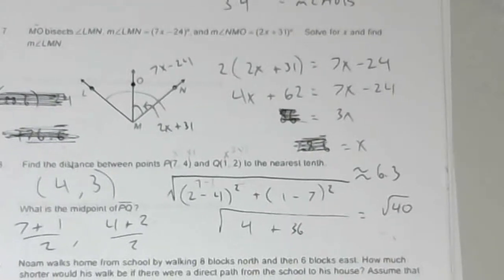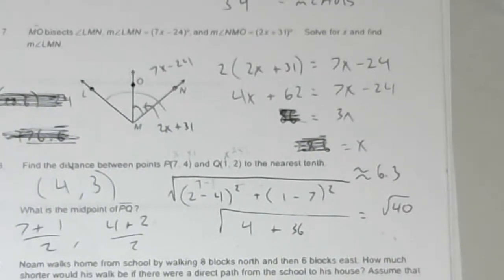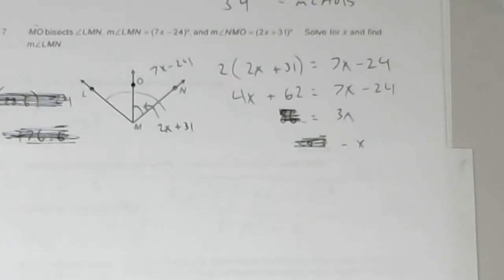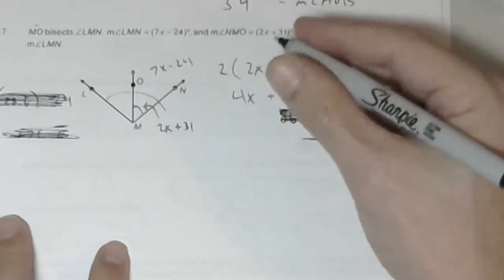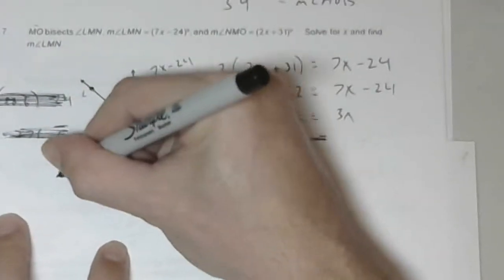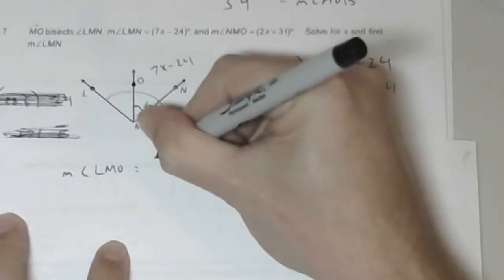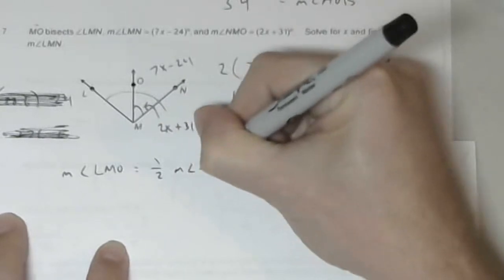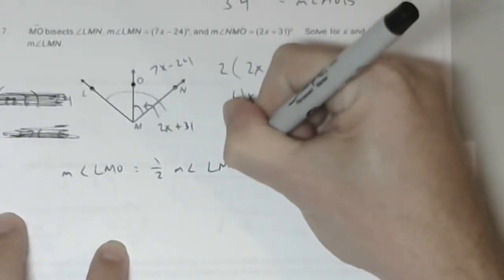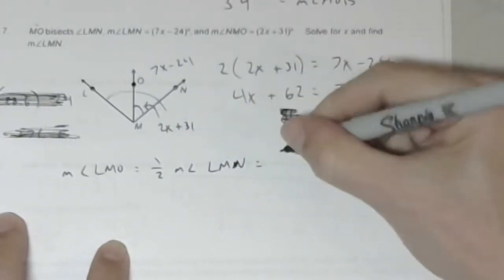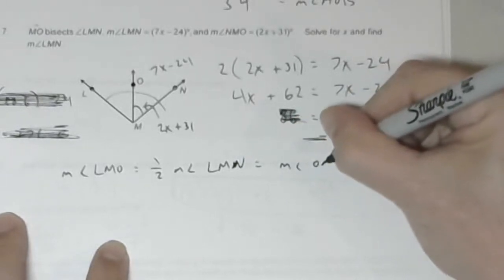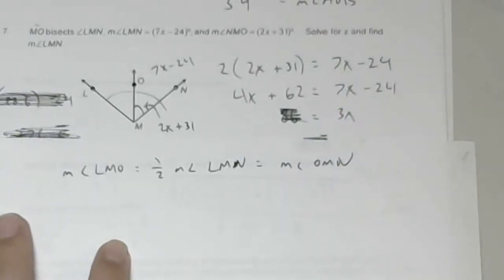You can tell this is take 2. If MO bisects LMN, then measure angle LMO equals 1/2 measure angle LMN, which also equals measure angle OMN.